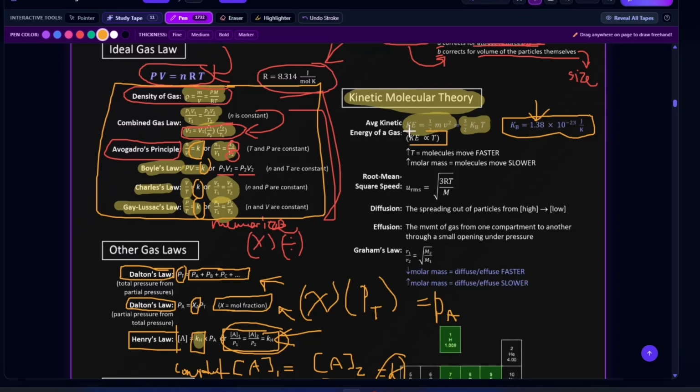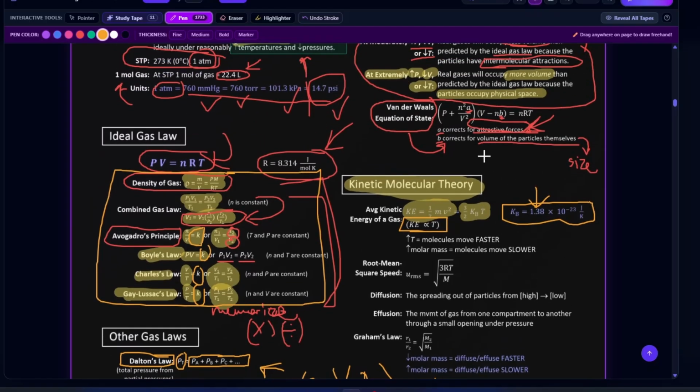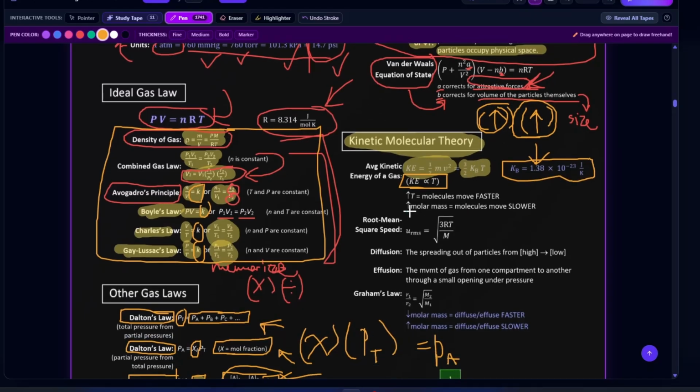And so KE is proportional to T. If average kinetic energy goes up, then temperature goes up, because temperature by definition is basically the average kinetic energy of the molecules. If you increase molar mass, the molecules move slower. So this is related as well here.